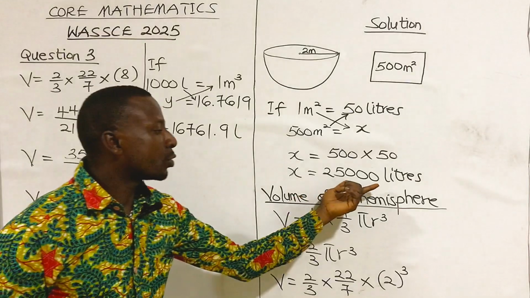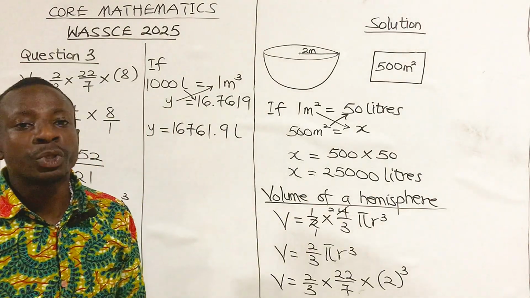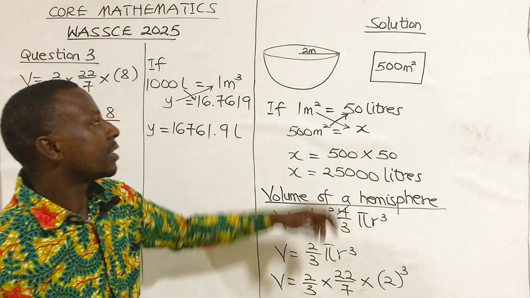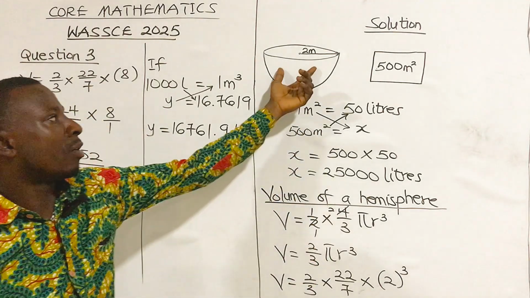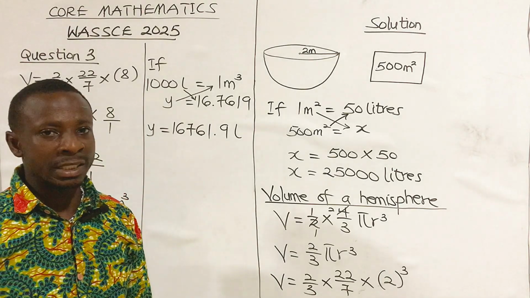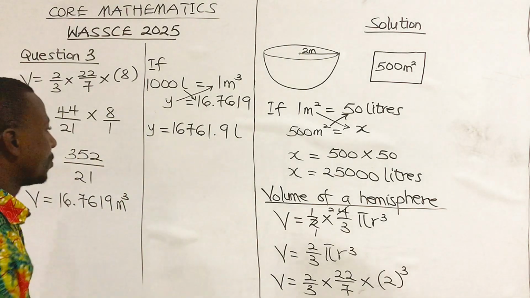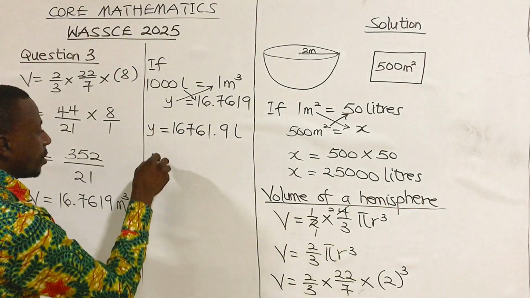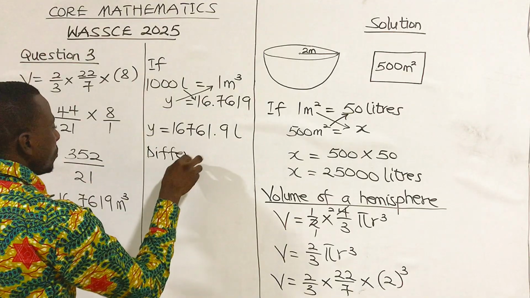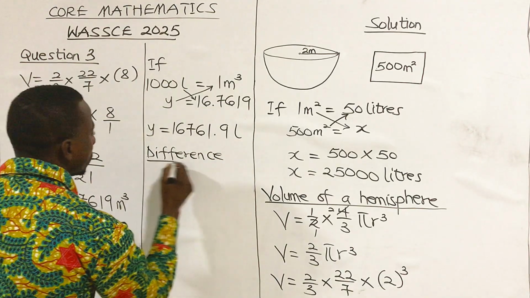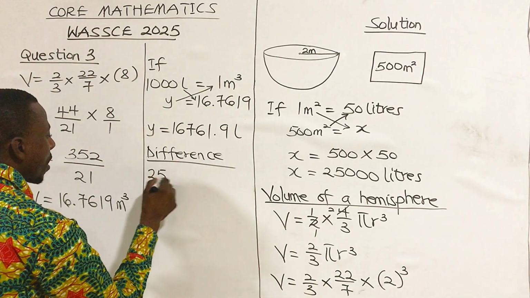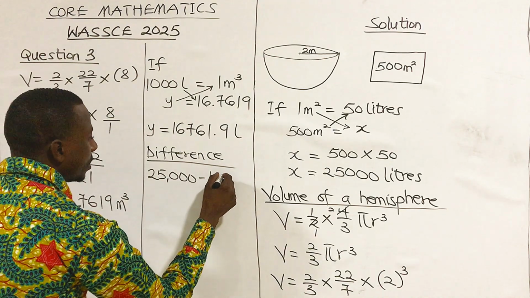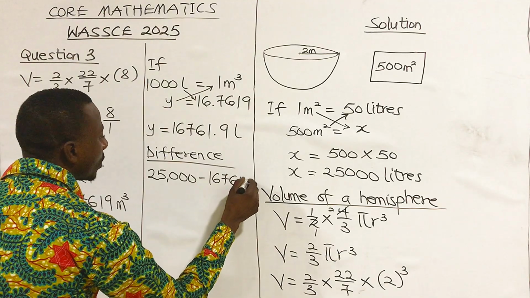But we can see that the total amount of water which will be sufficient for the farm is 25,000. So meaning that the full water of this hemisphere would not be sufficient. So now we can conclude. But before the conclusion, we need to get the difference. So the difference is going to be 25,000 minus 16,761.9.